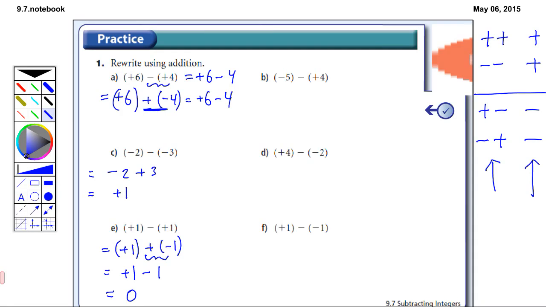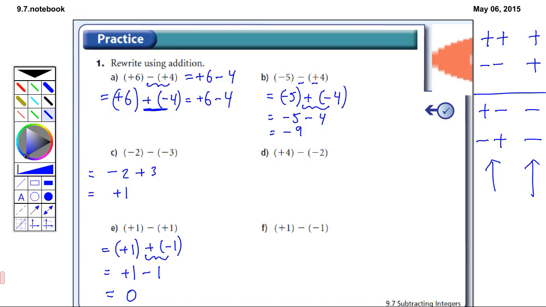Let's look at B. First term stays the same, minus 5. Then we have a minus and a plus, which we can switch to a plus and then minus. If we were to solve that, it would be minus 5, and then when we see a plus and a minus together, we turn it into a minus. Minus 5 and then minus another 4 is going to give us minus 9.